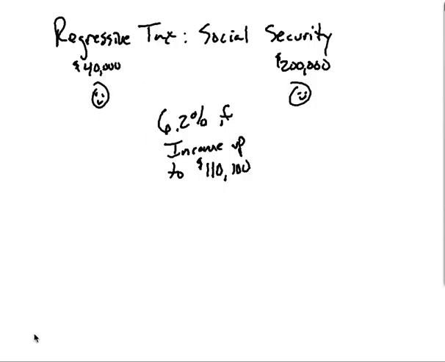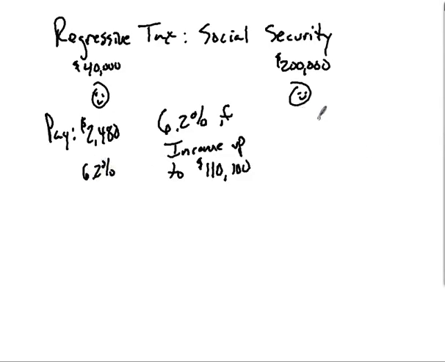All right, so I'm going a little bit long. This is the last thing. So Social Security tax. This person would pay 6.2% of 40,000, so that's $2,480, which is 6.2% of their income.